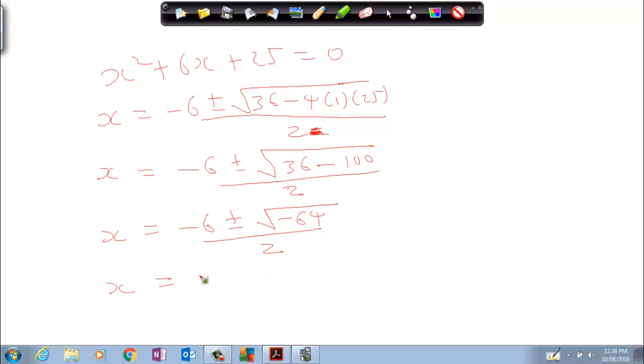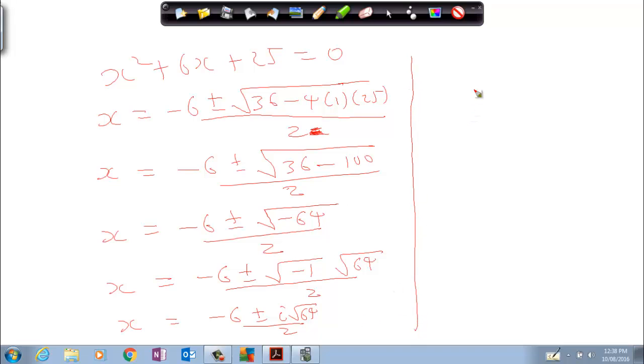Now minus 64 we are going to call the square root of minus 1 times the square root of 64, all over 2. So that is minus 6 plus or minus, now the square root of minus 1 is i, so it's i root 64 over 2.